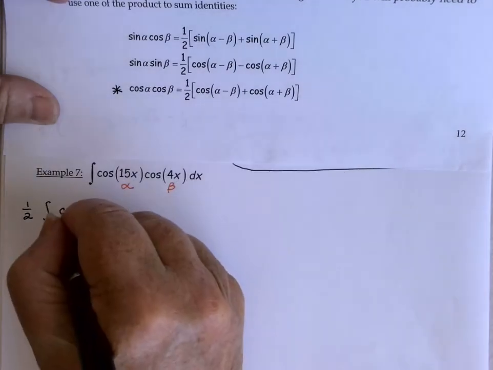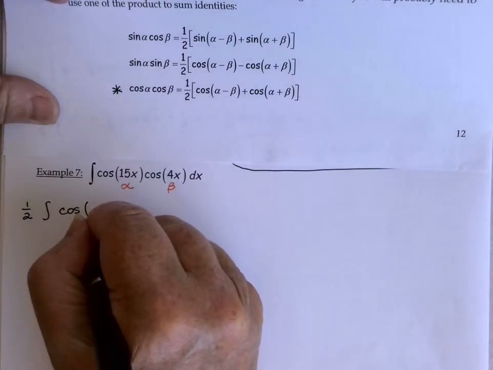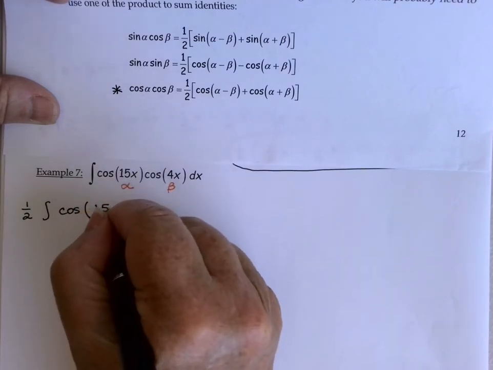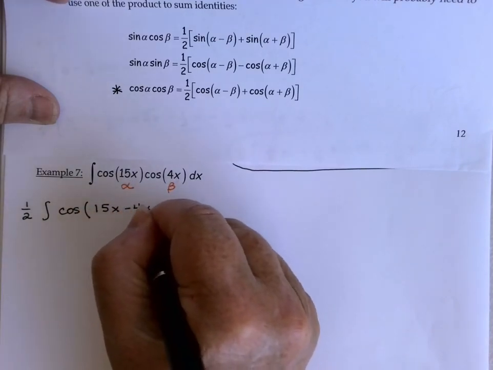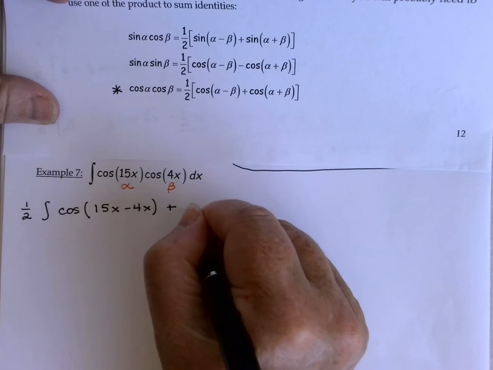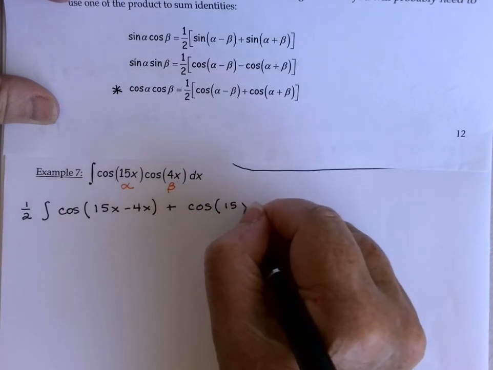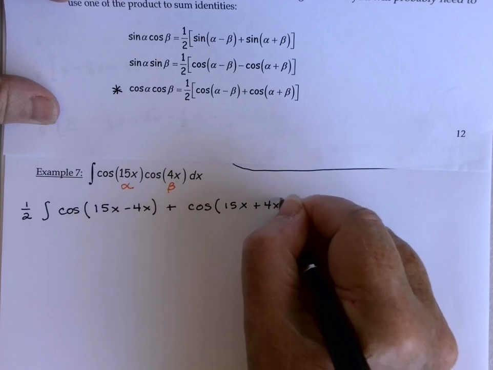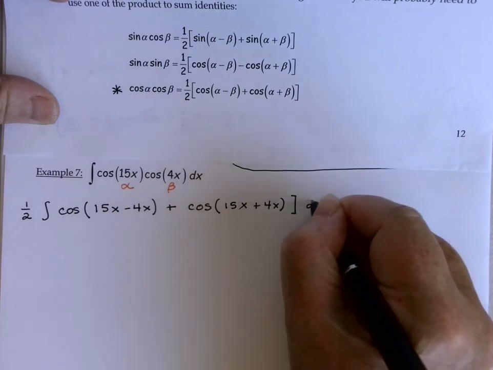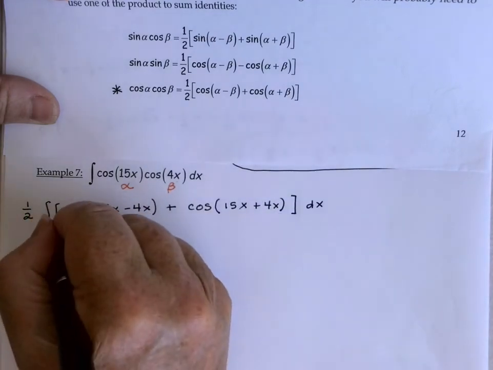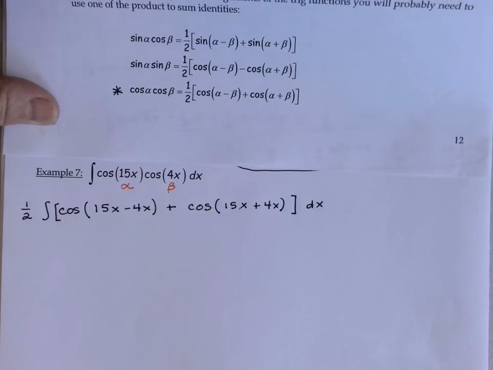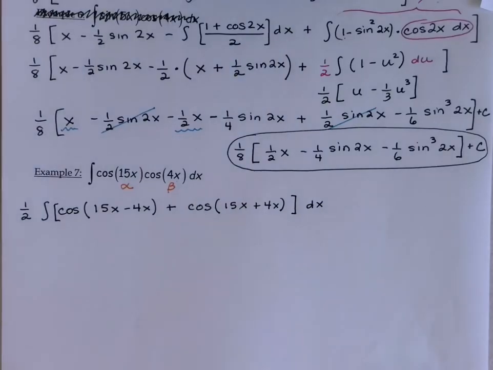And then I have cosine alpha minus beta plus cosine alpha plus beta. So just that identity, and from there it shouldn't be too bad.